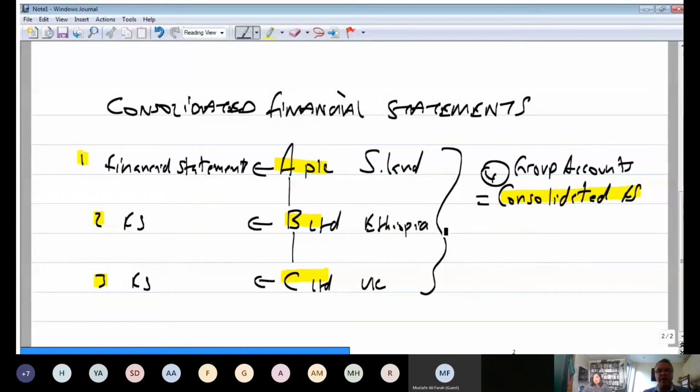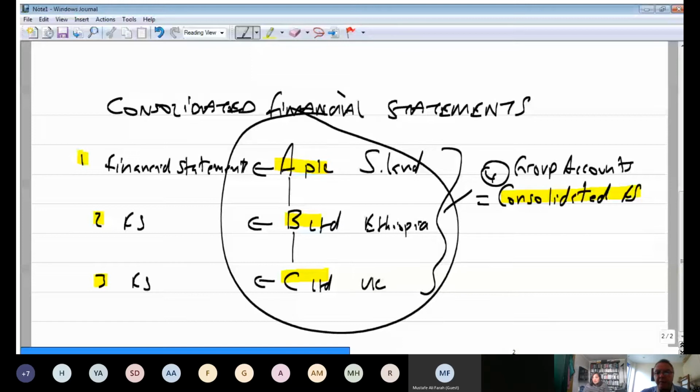There's a few twists and turns here and there. So, for example, if B owes A any money or A owes B any money, we take those out because they're intercompany. But ultimately, the consolidated financial statements are based on 3 companies, company 1, company 2, company 3, and they're all part of the same group. That's why they have to produce these group accounts.